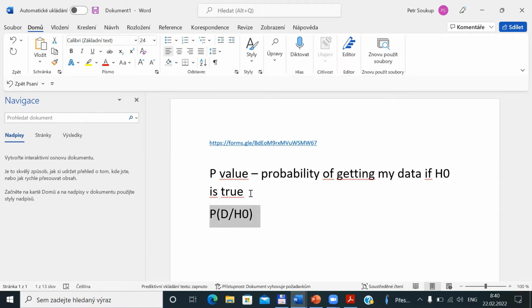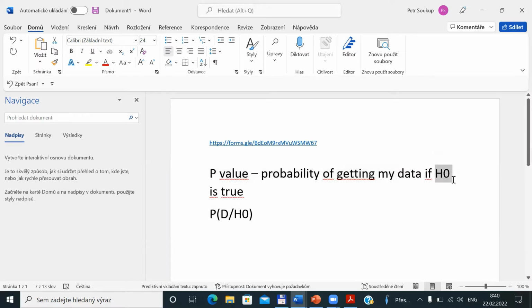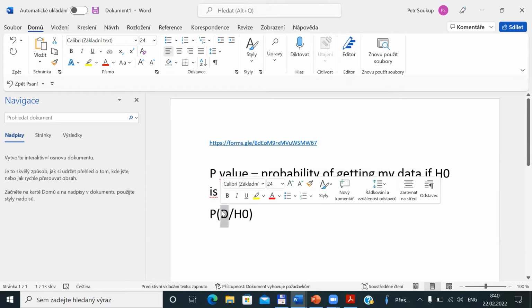Before we start to discuss results from previous tests, it is good to go into details of this definition. The p-value is not mainly about hypothesis, but about my data. Once again, it's the probability of getting my data or even worse data.